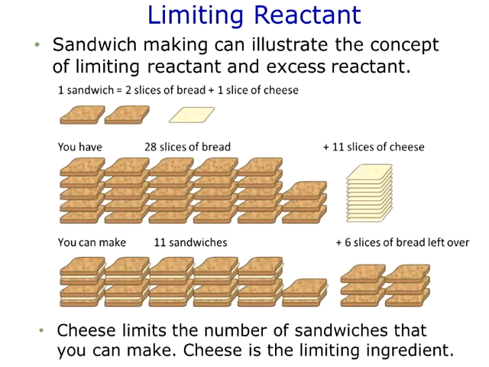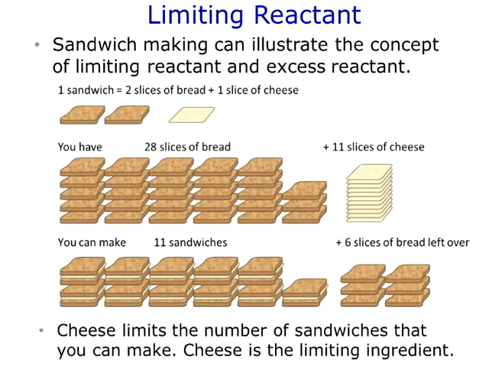So let's say we have 28 slices of bread and 11 slices of cheese. The question would be, how many sandwiches can we make, and are there any materials left over? We can make 11 sandwiches given the 28 slices of bread and 11 slices of cheese. But when we make that, we find that we have 6 slices of bread left over.